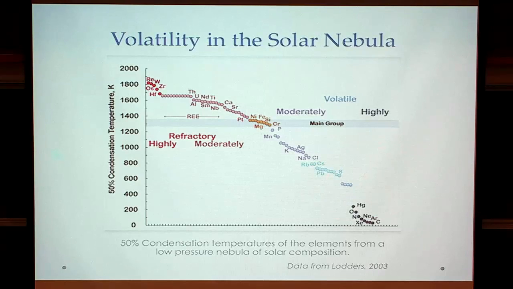In general, for example, the carbonaceous chondrites are relatively rich in the volatile elements compared to refractory elements. So that's one of the ways in which chondrites vary, suggesting this is one of the ways in which the dust in the nebula varied.